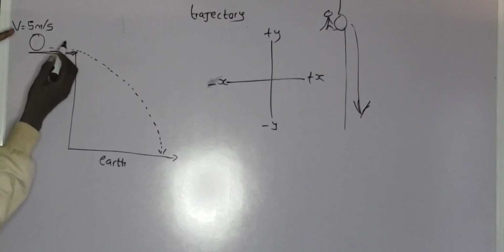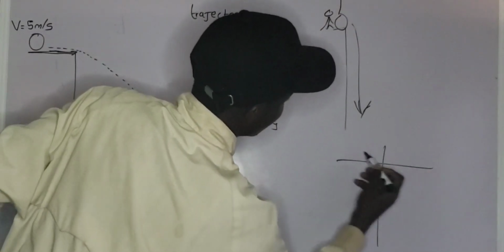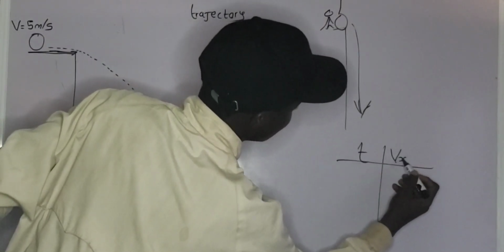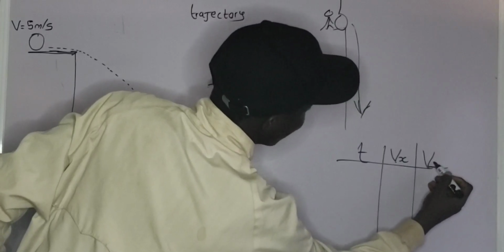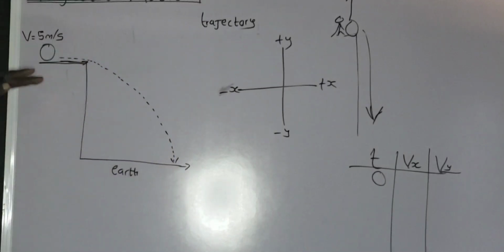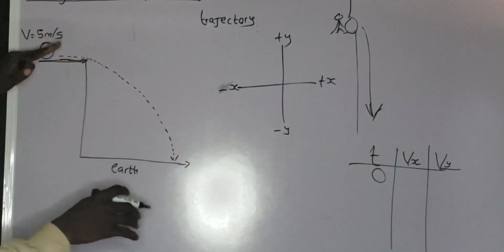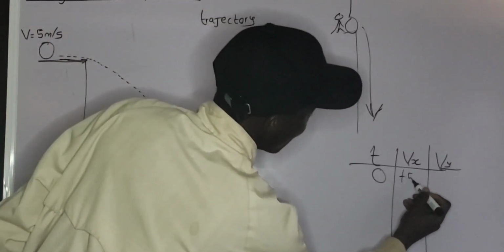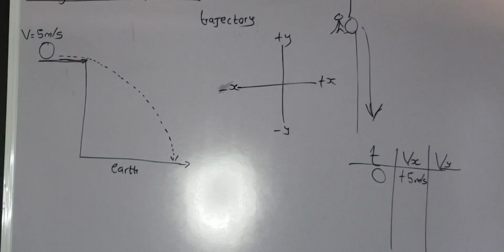Now, let me create another table: t, Vx, the velocity of the ball along the x-axis, then the velocity of the ball along the y-axis. So at time t equals 0, the velocity of the ball along the horizontal axis is plus 5 meters per second. Do you understand? So now, what is the velocity of the ball along the horizontal axis? Can you guess?